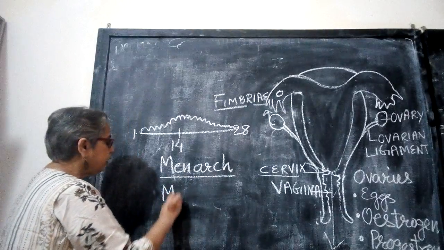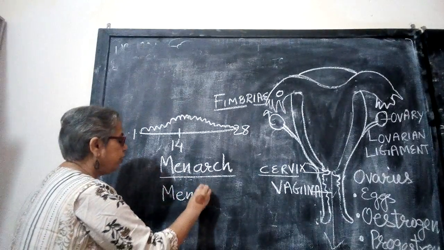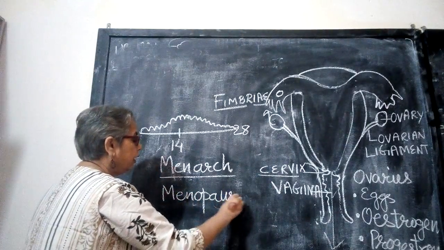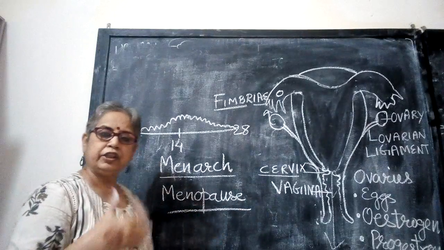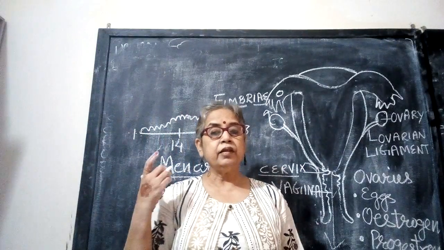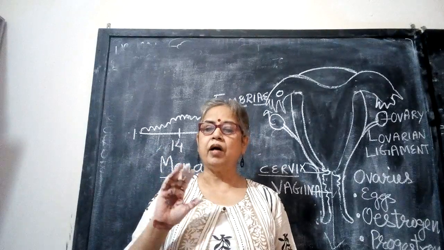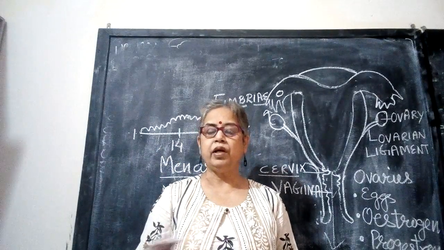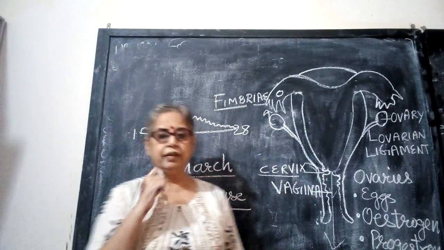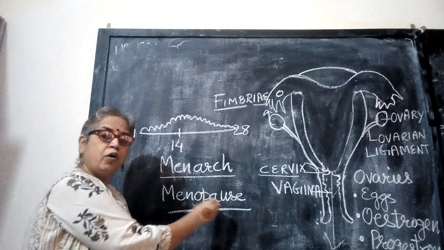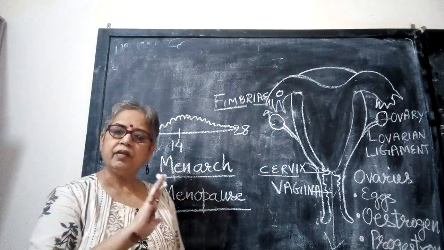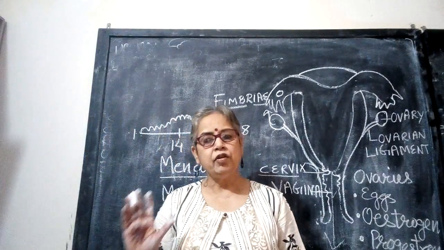Then at the age of, say, 45 to 50, again with variation, the maturation of eggs stops altogether, that is, the female is no more able to bear children, and this is called menopause. Pause, that is, the egg maturation has stopped.